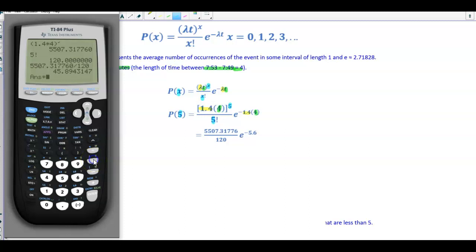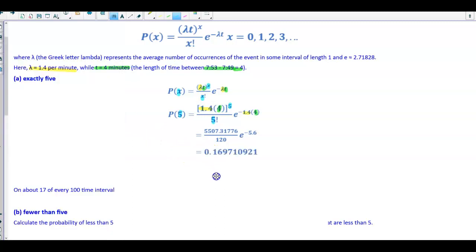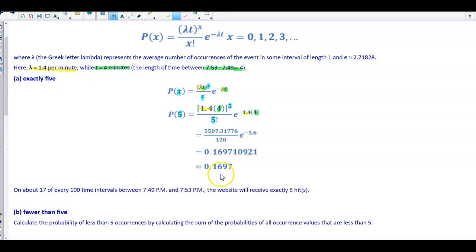So we're going to say times second e with the value of e raised to the power of negative 5.6, since negative 1.4 times 4 is negative 5.6, and then that gives us the following value. So we get 0.169710921, and then rounding that to 4 decimal places gives us 0.1697.